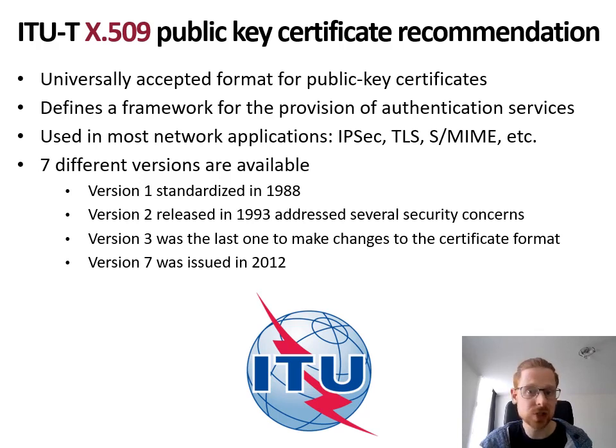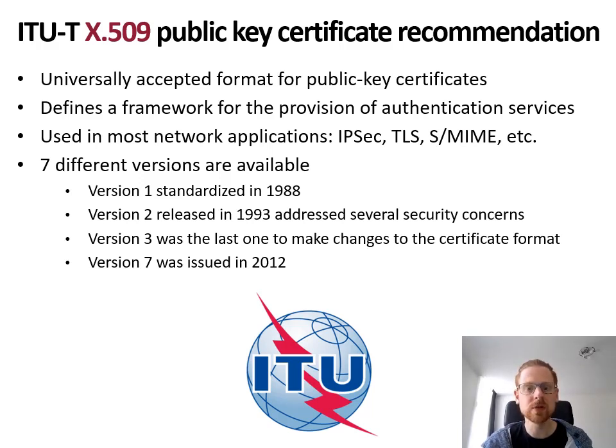It defines authentication protocols based on the use of public key certificates. It's a very important standard because it's widely used in many networked applications. For example, IP layer security or IPsec, transport layer security or TLS, the email security standard S/MIME, and so on.